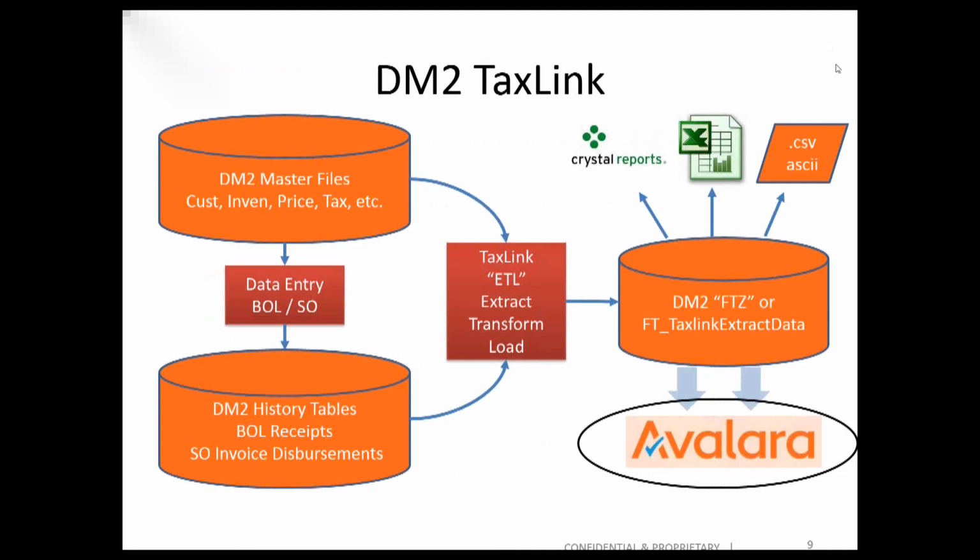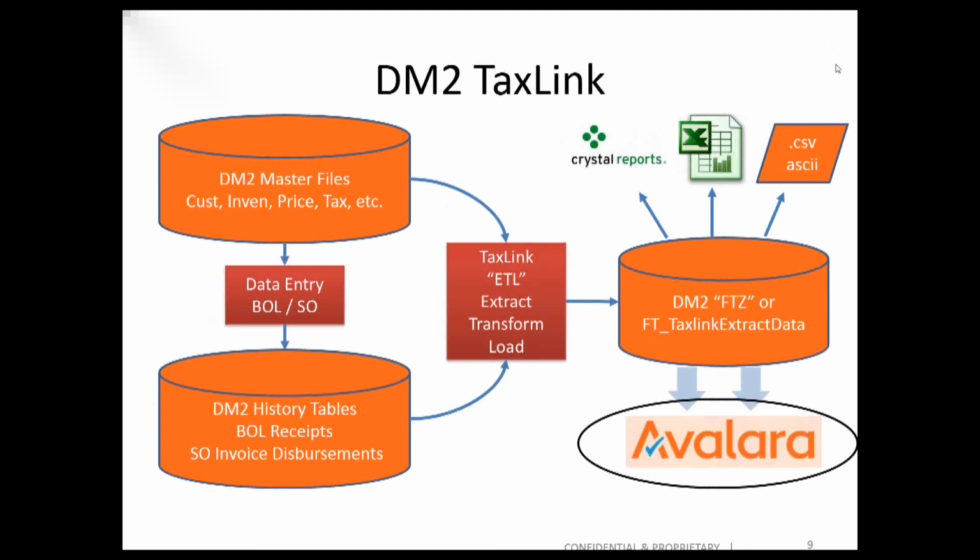Most people would run TaxLink for a given period of 1 month, because that's how most people file their schedules. So we could run TaxLink for the month of July, and in FTZ you would see all of the tax reporting, receipt, and disbursement data for only that one period. Once it's in FTZ, or the TaxLink extract data, it's an open database with ODBC access.